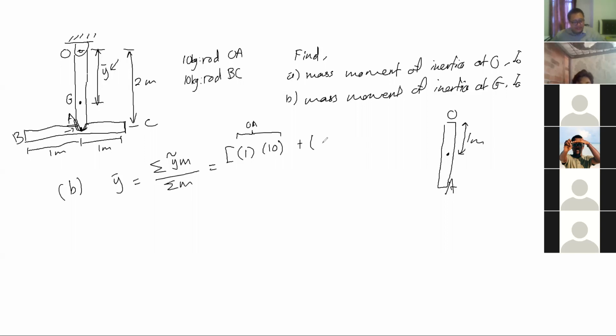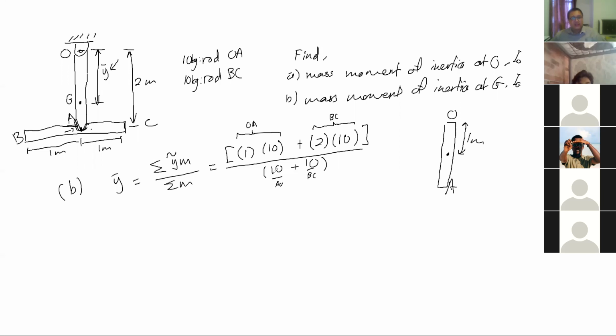The distance is 2 meters, so it is 2 times the mass, again 10 kg, for rod BC, divided by 10 plus 10, the summation of mass for rod OA and rod BC.